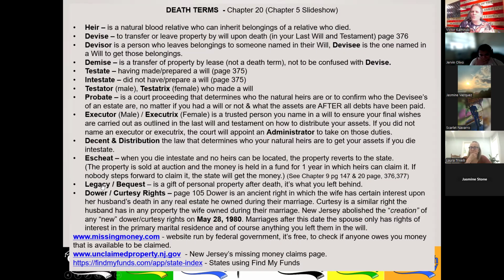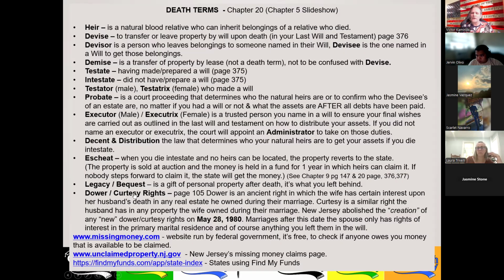It is the belongings that you have amassed during your lifetime. And the bequest is your wishes, who you wish to get it. Sometimes you hear on TV, maybe when people are reading a will, I bequeath to thee my vast fortune of $4 in my bank account. Okay. The bequest is your wishes of who you wish to get it, and the legacy is your assets that you have left behind.